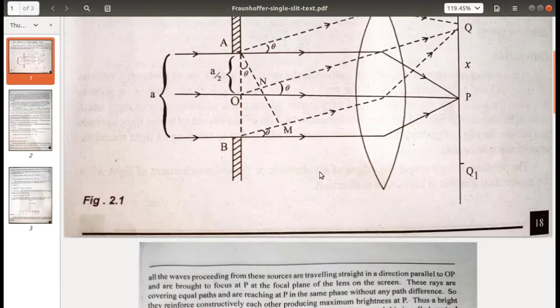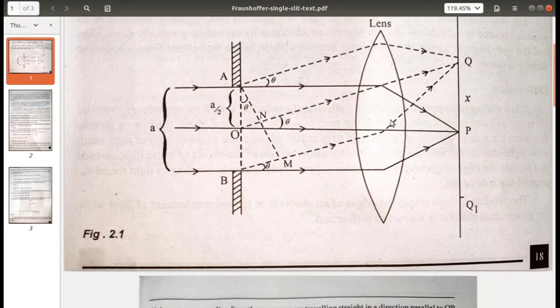So what we are saying is that if this lens is very near to the slit, or the screen is at a very large distance from the lens, we can imagine the distance OP as the focal length of this lens.